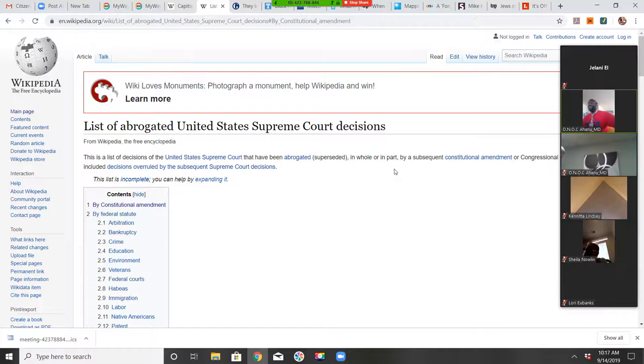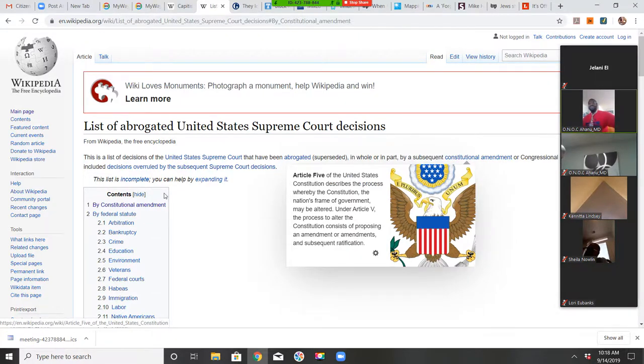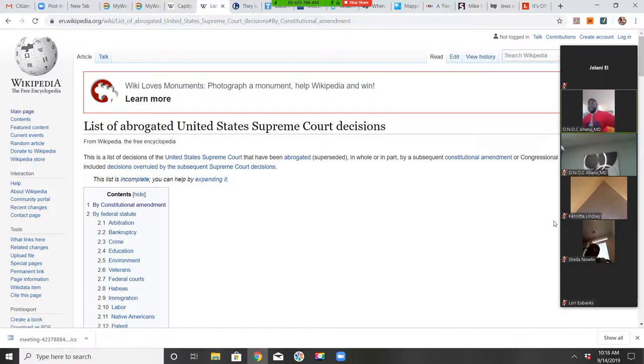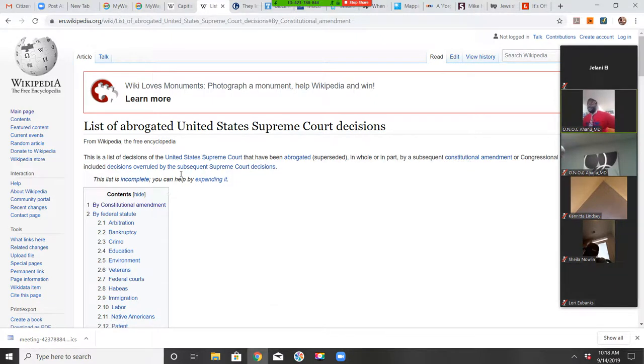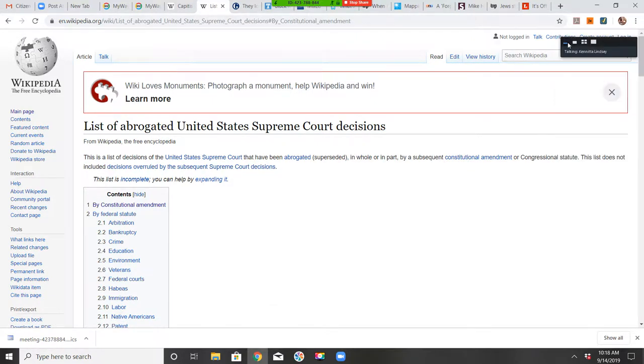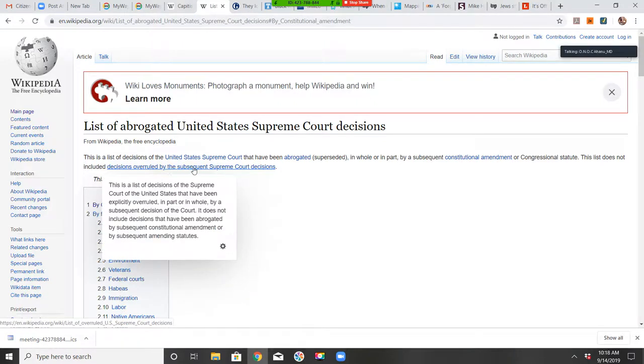Okay? And what happens is a subsequent constitutional amendment comes in and it changes. So it says by subsequent constitutional amendment or congressional statute, this list does not include the decisions overruled by the subsequent Supreme Court decision.